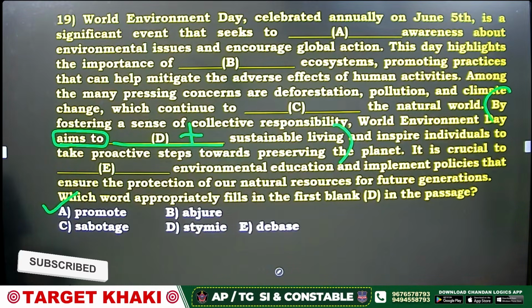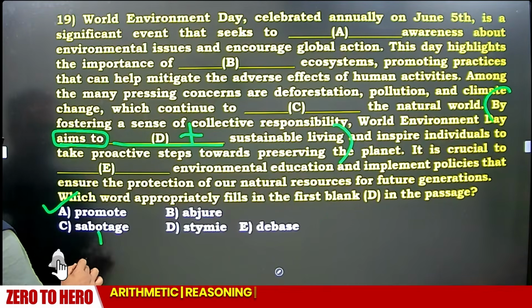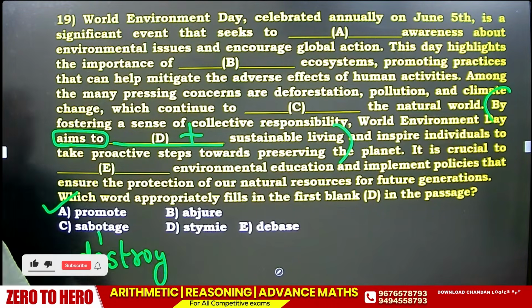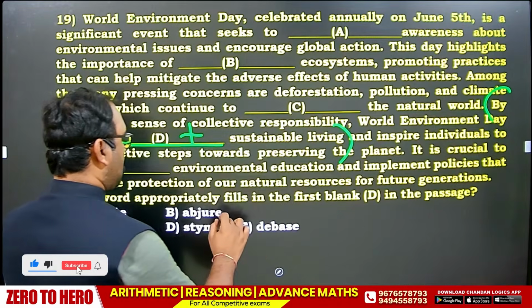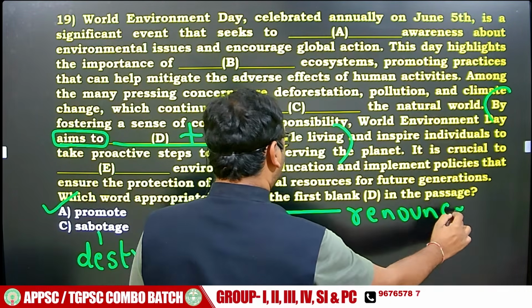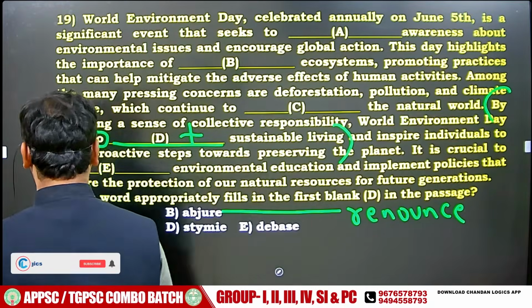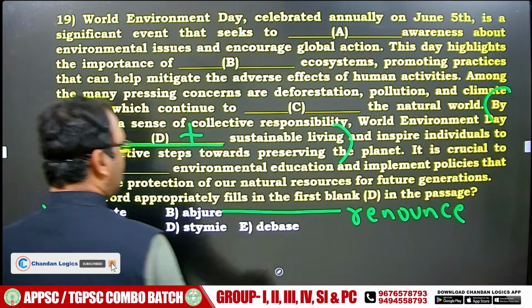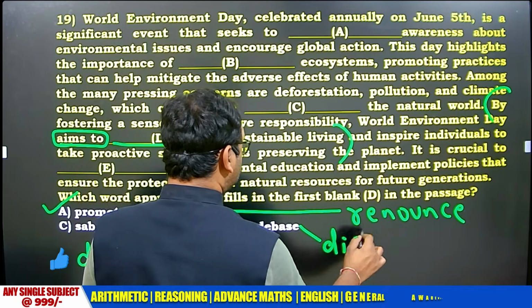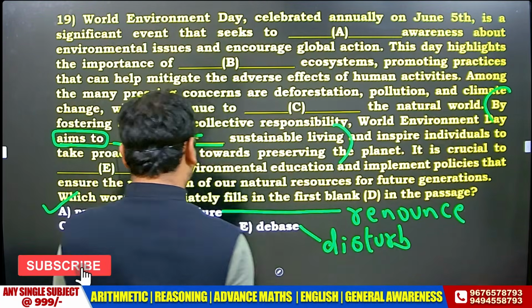Rest of the options are negative. For example, sabotaging means destroying something. Abjure means renounce something, leave something in the middle. Debase means disturb. And then stymie.